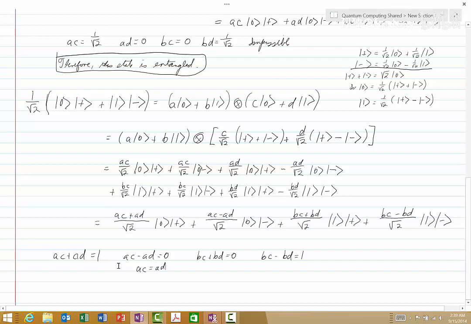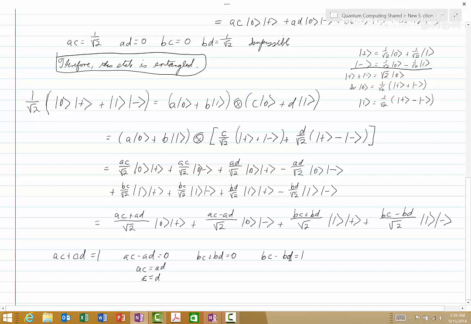So since A is not equal to 0, it's okay for us in this equation to cancel A on both sides, and we get C is equal to D. Now, if C is equal to D, we come over here to this equation, and we could substitute D for C, and we would get BD minus BD is 1, but of course BD minus BD must be 0.